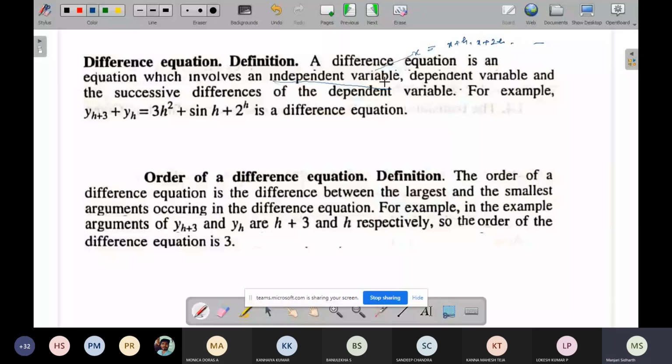So a difference equation is an equation which involves an independent variable, the dependent variable y, and the successive differences of the dependent variable.